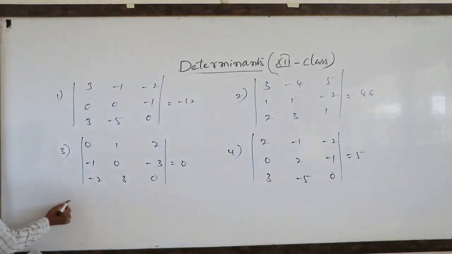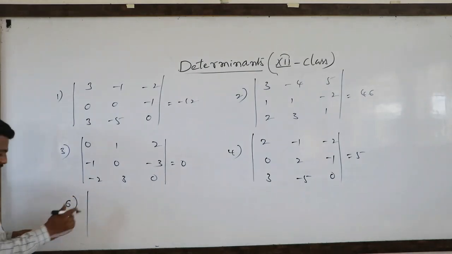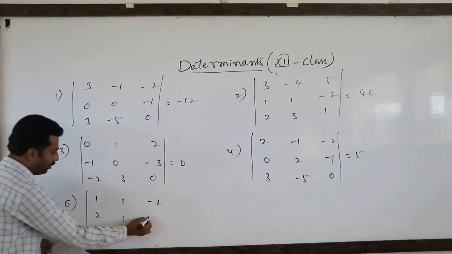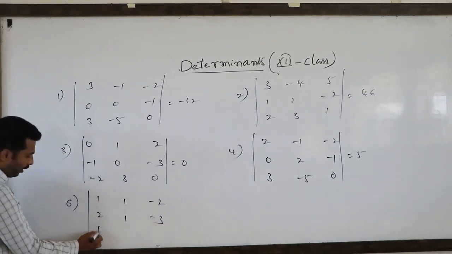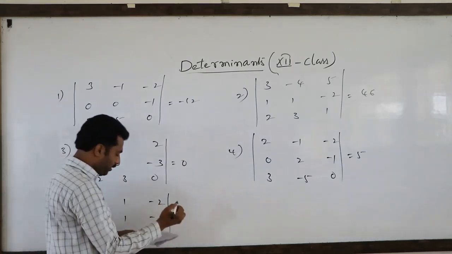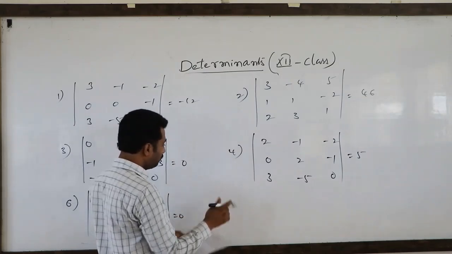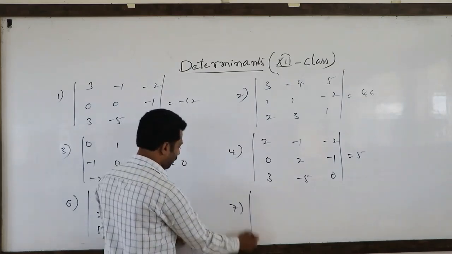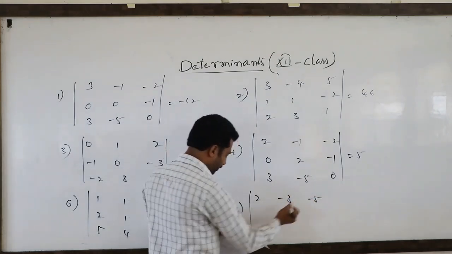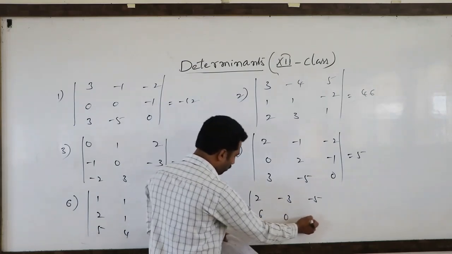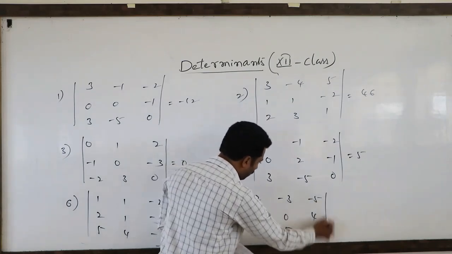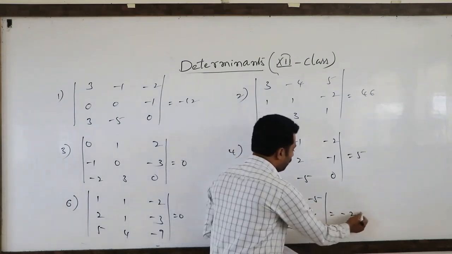Next, question number 6, determinant of 1 1 minus 2, 2 1 minus 3, 5 4 minus 9, equal to, this is again 0 only. Next, number 7, determinant of 2 minus 3 minus 5, 6 0 4, 1 5 minus 7. This is minus 28.